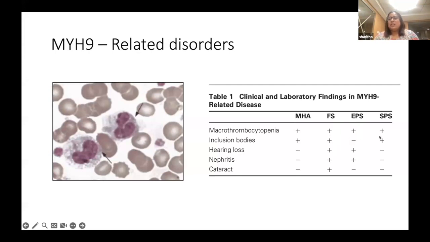The Sebastian platelet syndrome has macrothrombocytopenia and inclusion bodies without the features of Alport syndrome. The confirmatory test for this would be immunofluorescence for non-muscle myosin heavy chain 2A protein, and also gene sequencing.